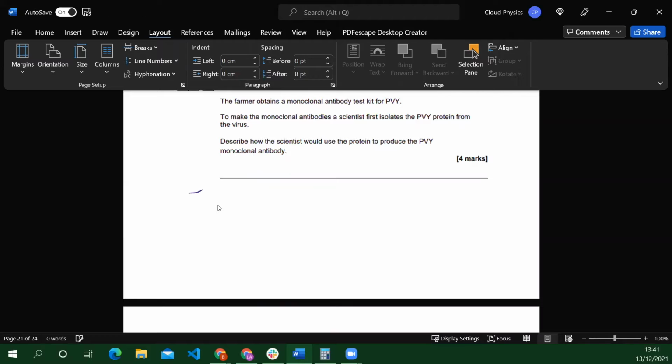So inject the protein into a mouse, often used for laboratory work.